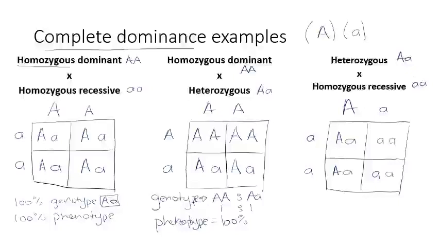And what do we notice over here? Also, we end up having, this is exactly the same as that. So genotypically, we have a ratio of heterozygous is to homozygous recessive, which is a 1 is to 1 ratio.